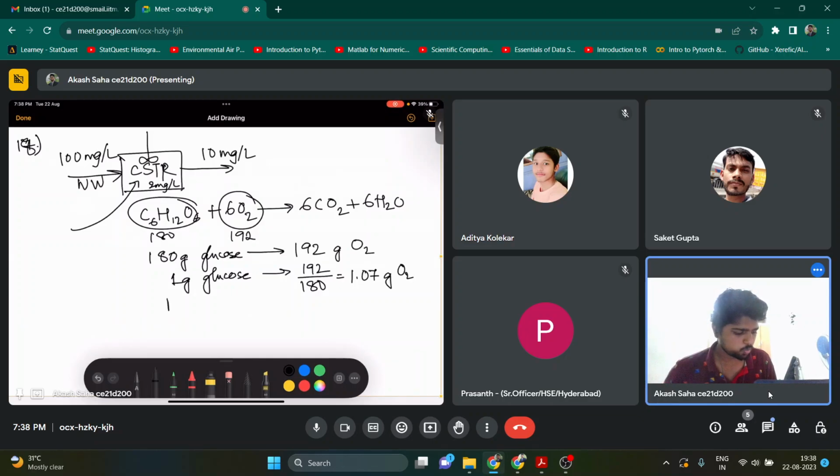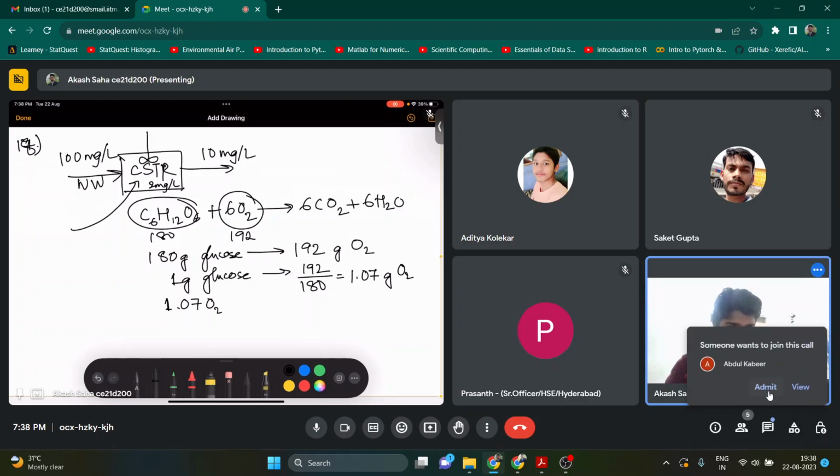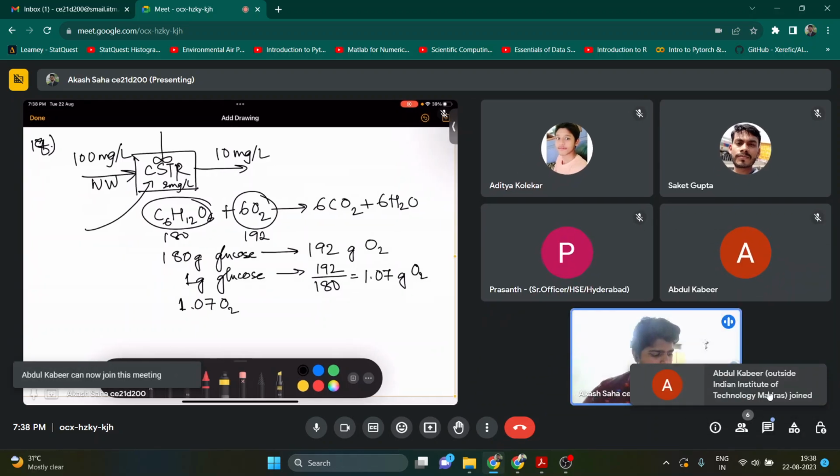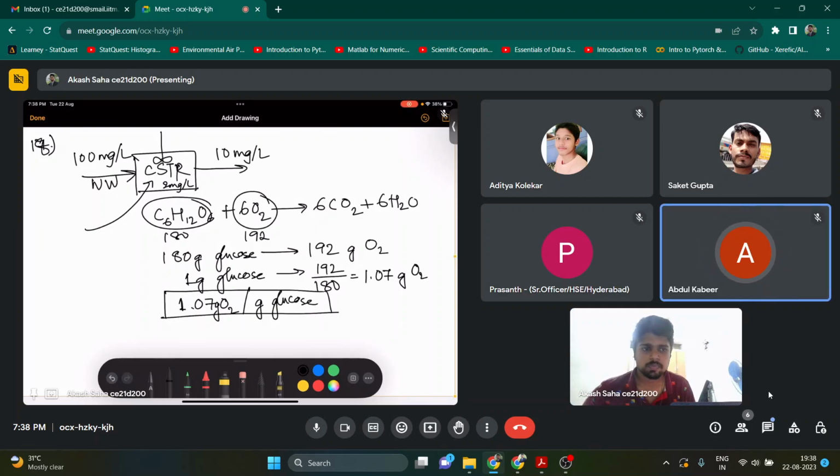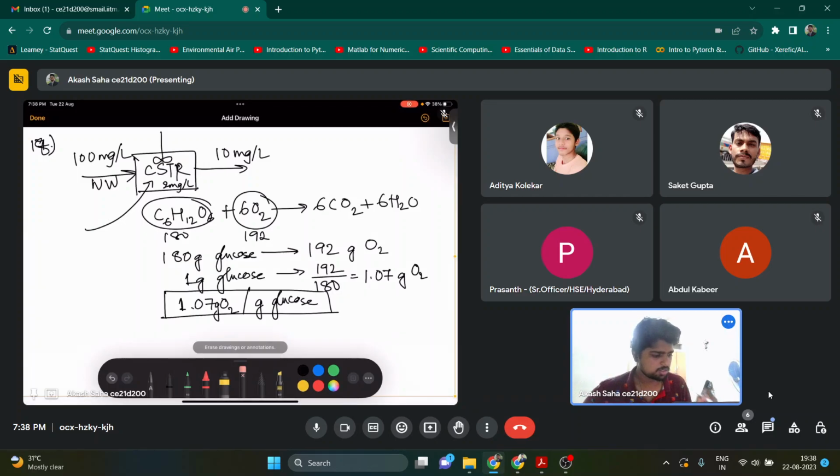So 1.07 gram of O2 is required per gram of glucose. So till now is it clear? Please write it along with me so that the concept will be clear for you. Per gram of glucose we need 1.07 gram of oxygen. So this is the first part.